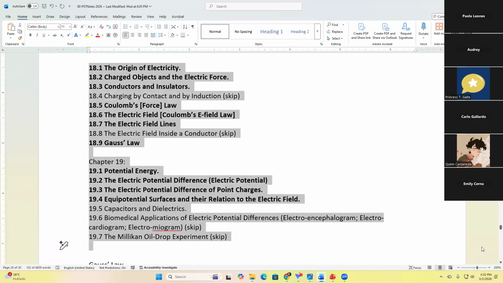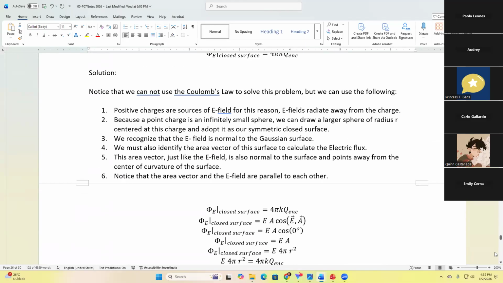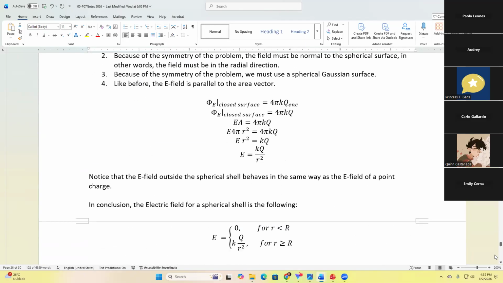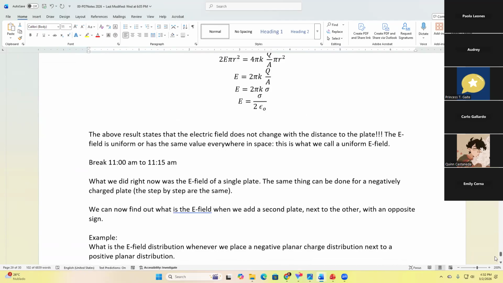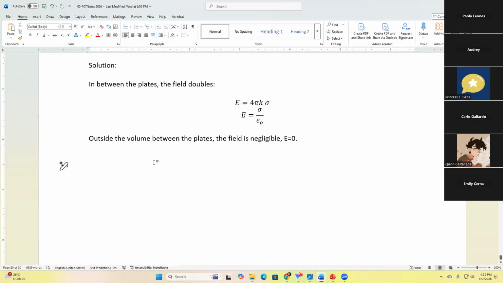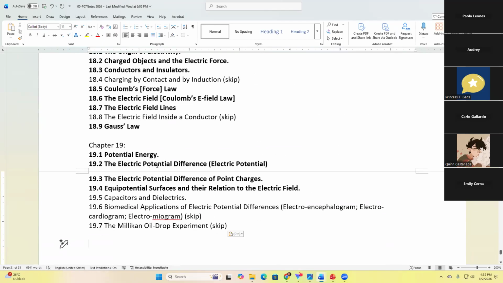Copy and paste. Keep track, right? Everything that's bold-faced, we covered. What I want to do is to cover this section here, capacitors and dielectrics.